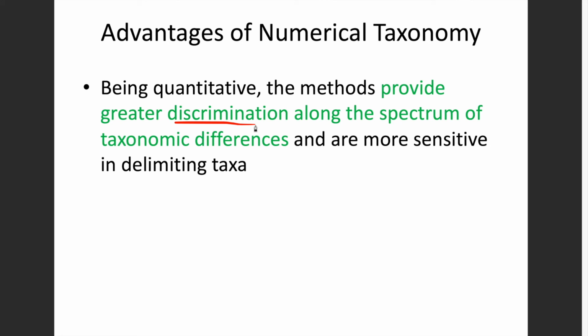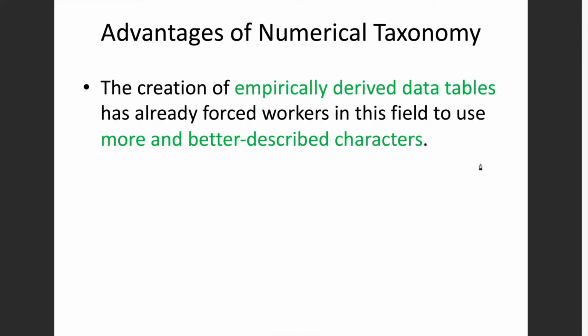Since the measurements you're having are quantitative in nature, it can provide greater discrimination along the different character differences, and thus it is much more sensitive in dealing with your data, or discriminating or delimiting the data that you have. No? It's not subjective, so to speak. And the more measurements you have, the better you can describe your characters, your taxa too, no?